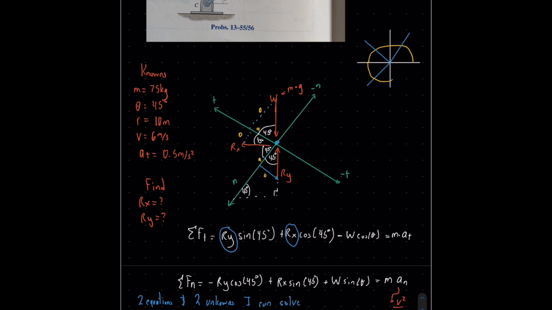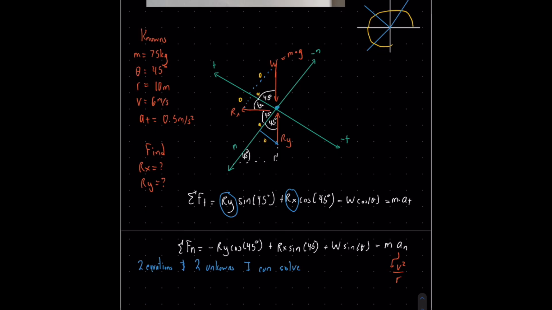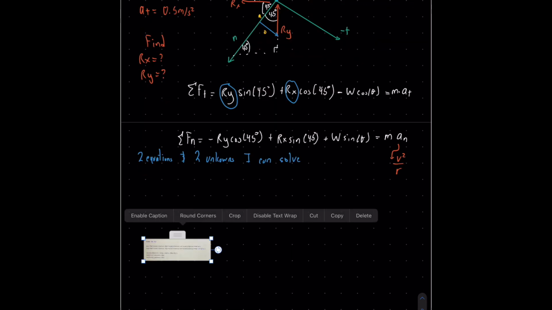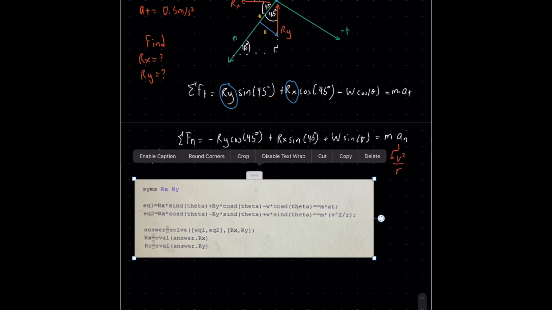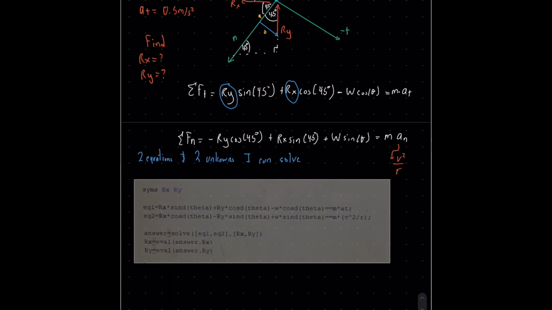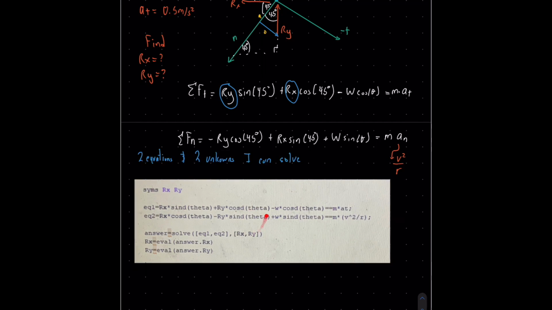Okay, so to solve for this, I'm not going to solve this by hand, but I'm going to use MATLAB to solve it. And once I solve it, I end up with this code. This is the code I used to solve for my reactions in the x and the y.